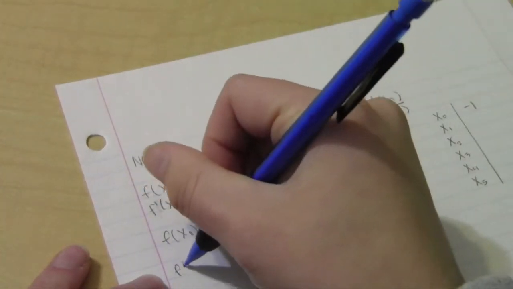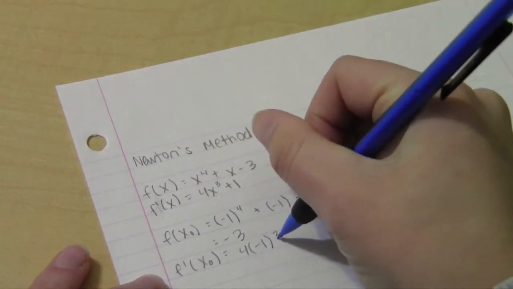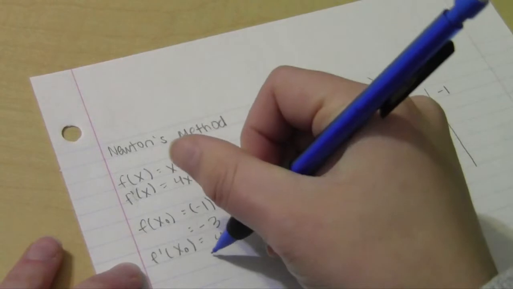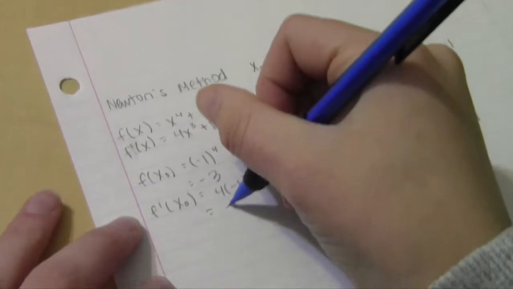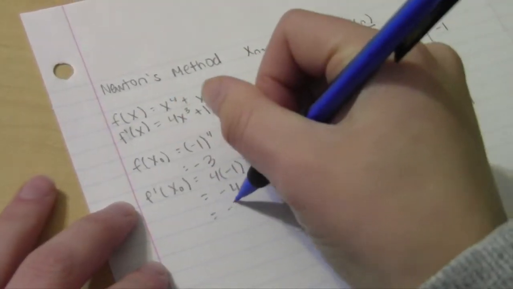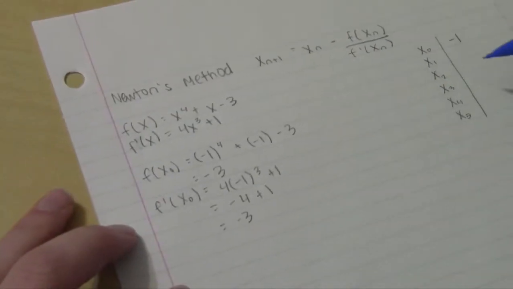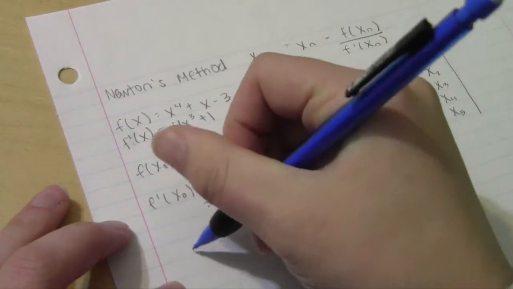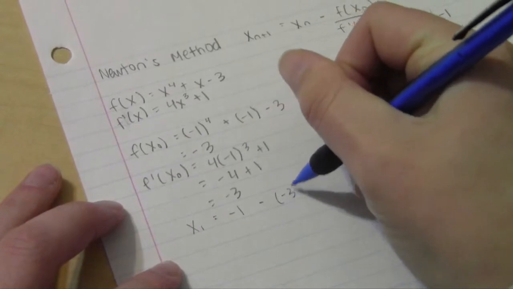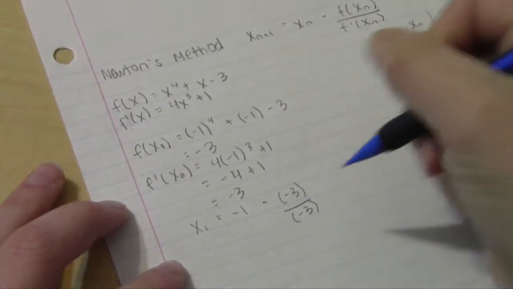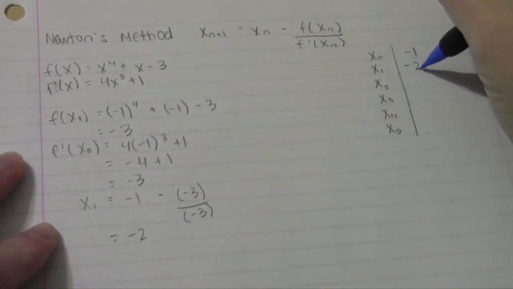If I do the same thing for the derivative, that is going to be -4 plus 1, which is -3. And then I can substitute this into the Newton's method equation. This will give us our x sub 1 value, and that will give us -2. So our x sub 1 value is -2.